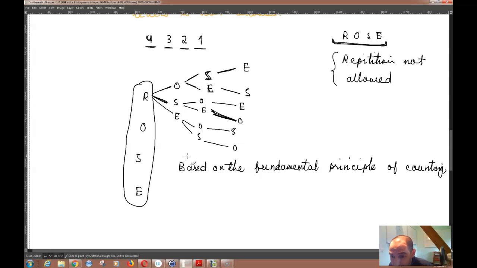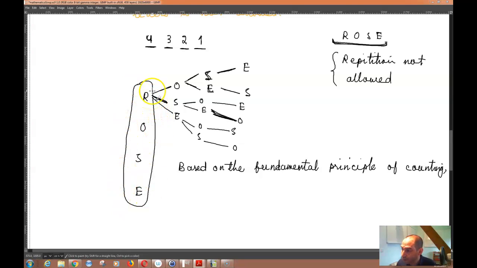In the fundamental principle of counting, we said that if some event can occur in m different ways, for example, the event over here is that the first letter of this word can occur in 4 different ways, right? So the event of choosing a letter as the first letter of this word can occur in 4 different ways.